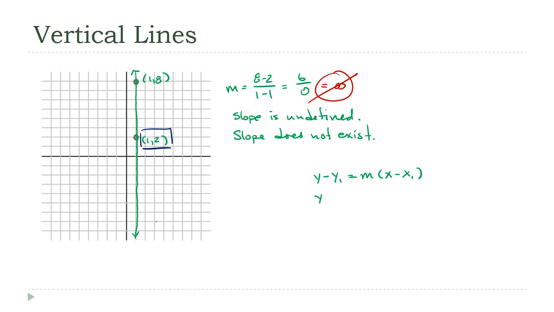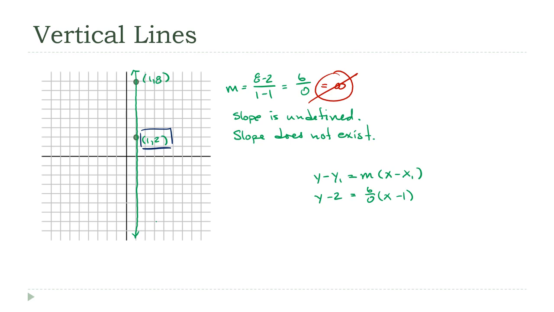And you get y minus 2 equals, let's hold on to that m part for just a minute, leave a space there, times (x minus 1). Now here's what I'm going to do, and this is the step that you should absolutely not repeat under any circumstances. I'm going to take that 6 over 0 and put it in here. I'm going to politely ignore the fact that it's not a number and that under no circumstances should I treat it like a number. Because now, if we're going to do this polite little fiction, I can multiply both sides by 0.